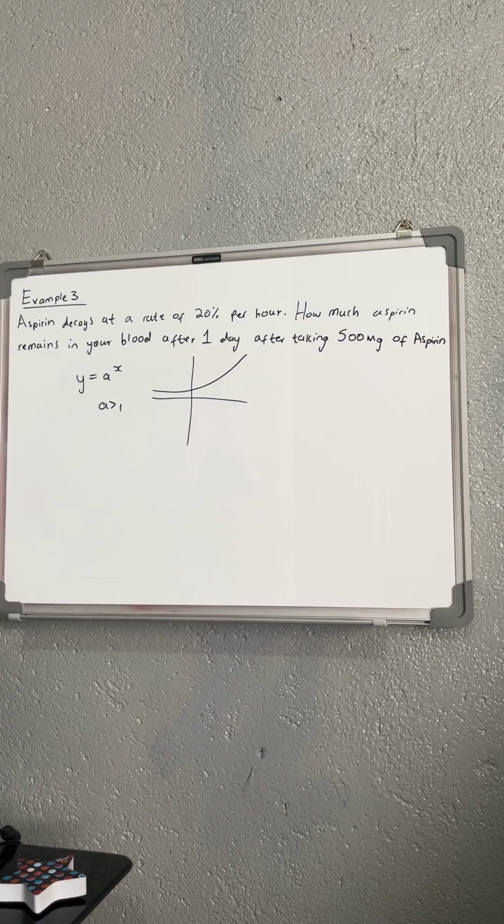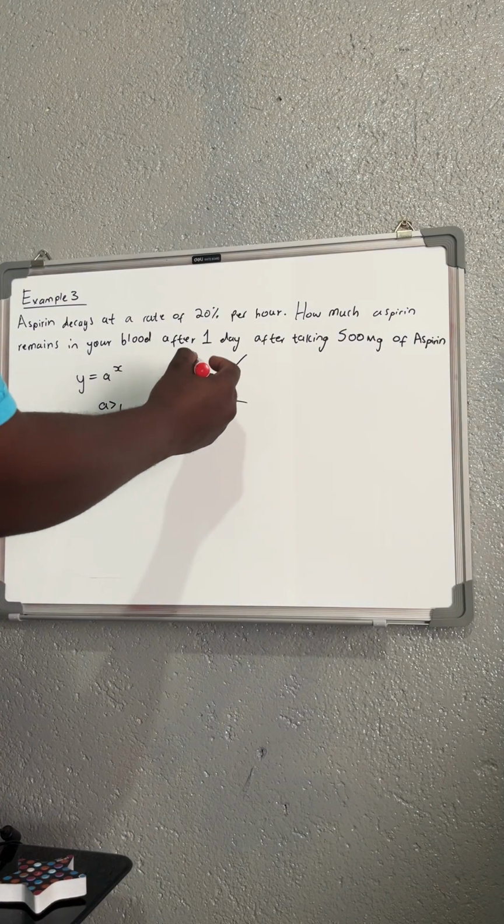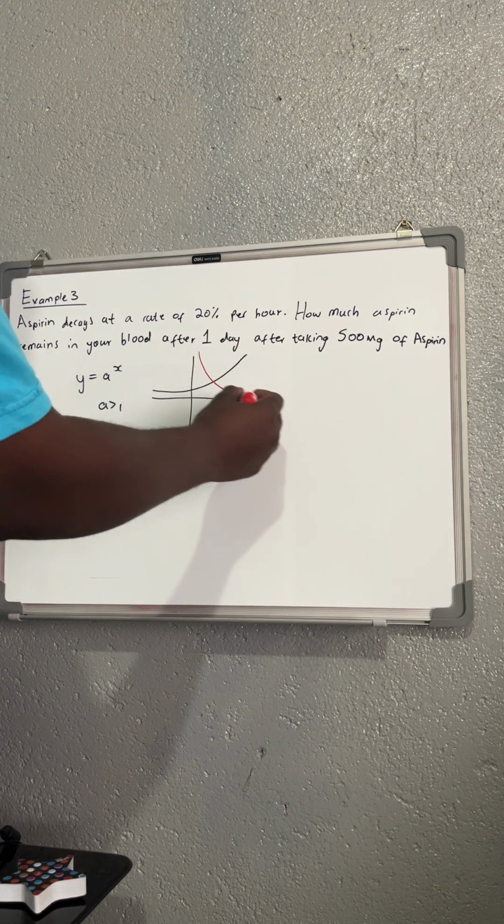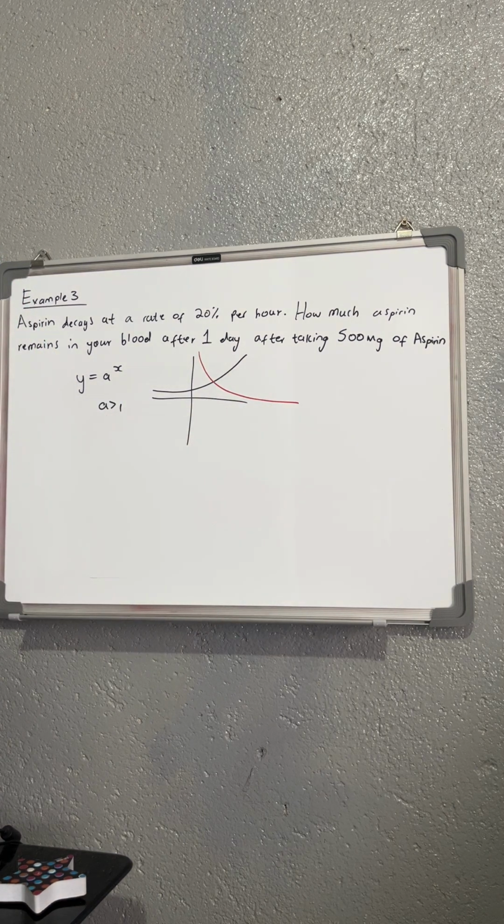Now let's say you are having a graph that is representing decay. That one is for growth. Your exponential graph that is showing signs of decay would be like a mirror graph of this one, but it's going in the other direction.